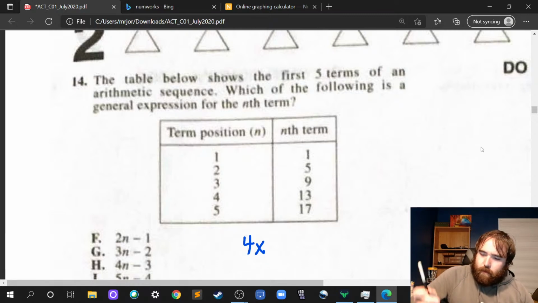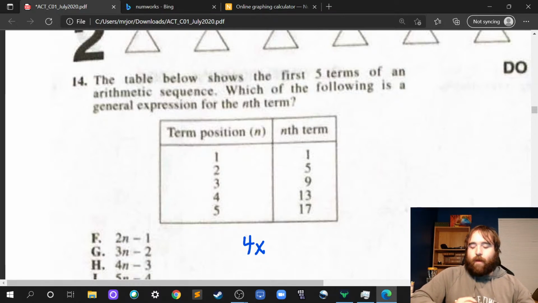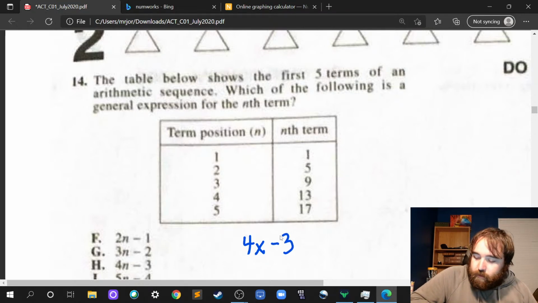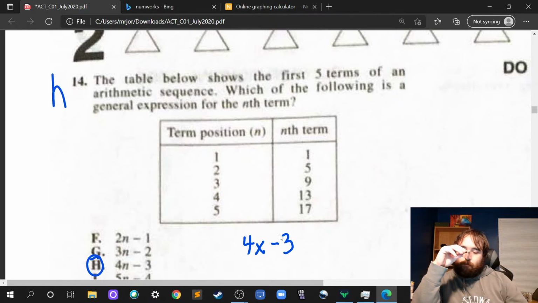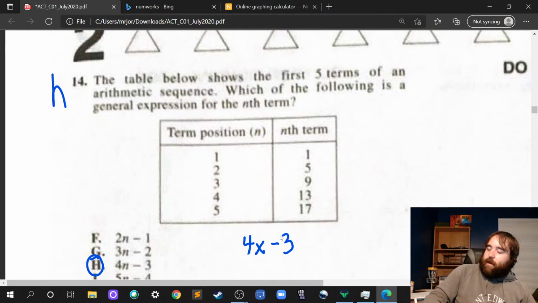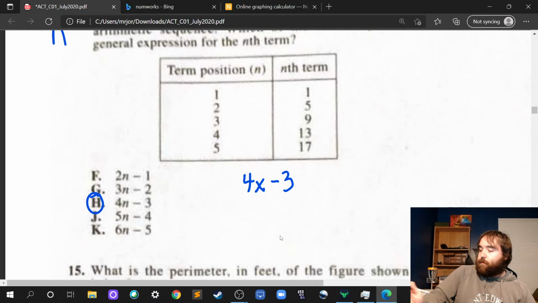So if I plug in 1, I should get 1, which means I need to subtract 3. And then I'll do it real quick. If I plug in 2, we get 5. Plug in 3, 12 minus 3, 9. So yeah, that works. So it's 4n minus 3. So yeah, that's just like a linear equation. Arithmetic sequences are just linear equations.